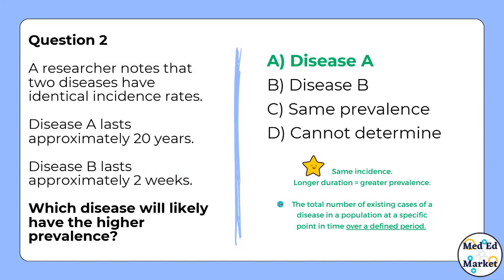Remember, prevalence is the total number of existing cases over a defined period of time. So obviously we're going to have way more cases of diseased patients over 20 years compared to 2 weeks if our incidence or total new cases is the exact same.